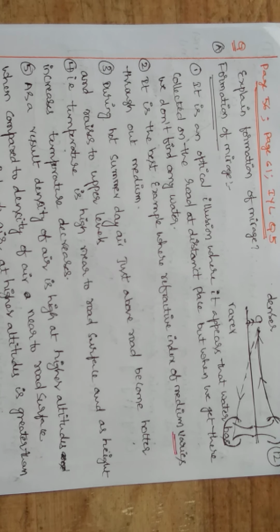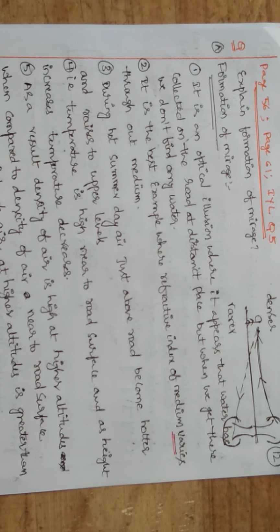Why? Because on a hot summer day, because of the radiation of the earth's surface, air molecules nearer to the earth's surface absorb more heat energy and go to the excited state, and then they move to the upper layers.